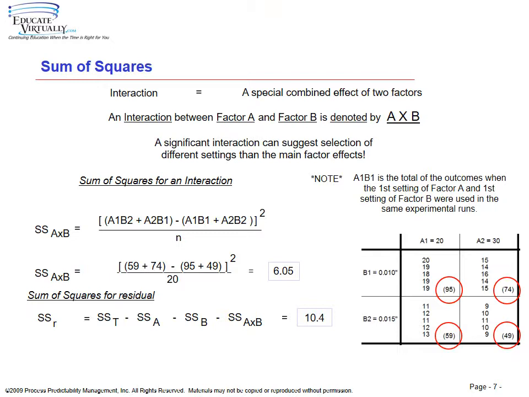The remaining sum of squares, after we've taken away the sum of squares for factor A, factor B, and the interaction, leaves us with a residual or leftover sum of squares of 10.4. We'll also have to take a look at that in our analysis of variance to find out if that's a small enough value that we can deem that our experiment is a good experiment.